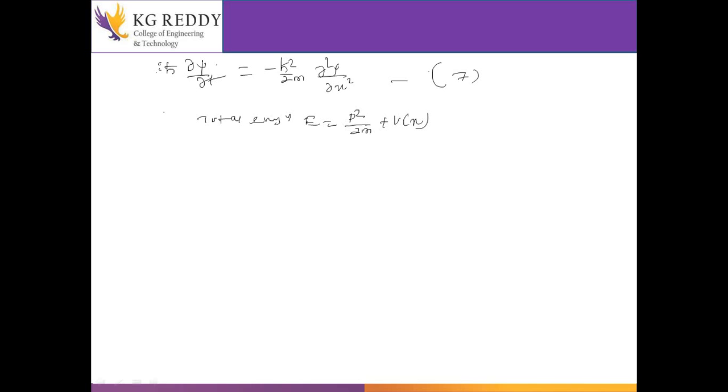Then I can write this as the time dependent Schrodinger equation: iħ ∂ψ/∂t = −ħ²/2m ∂²ψ/∂x² + Vψ.